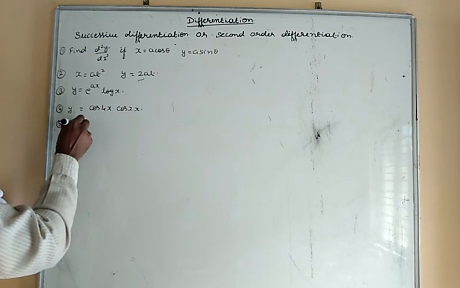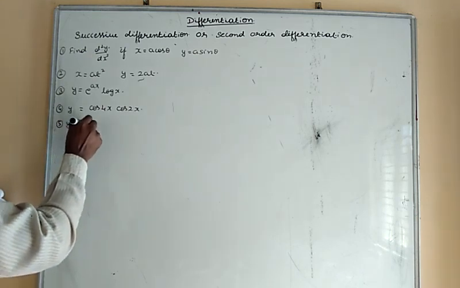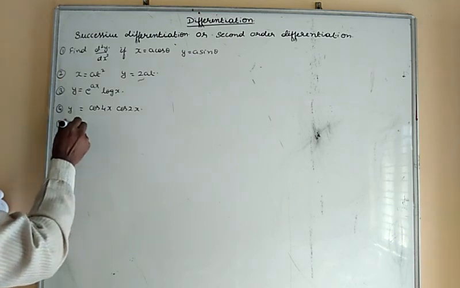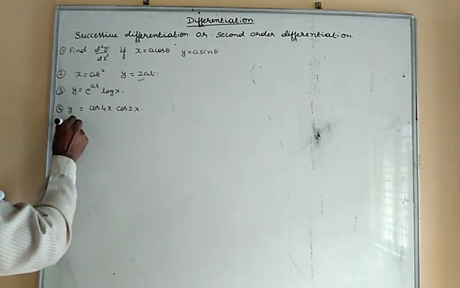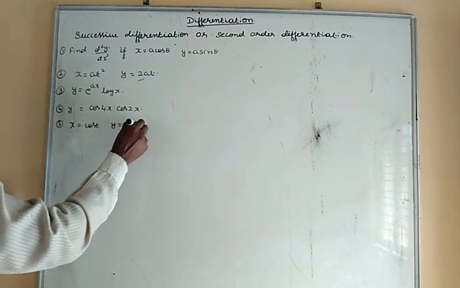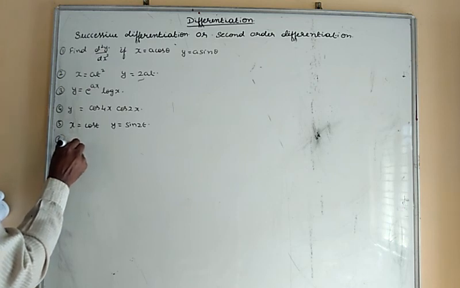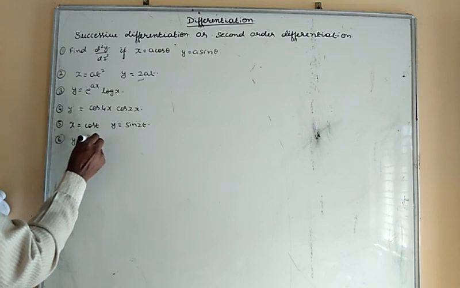Next one, x is equal to cos t, y is equal to sin 2t. Next one, y is equal to x square sin 3x.